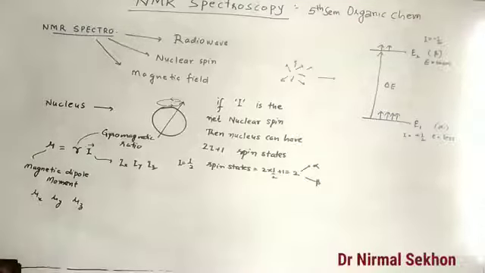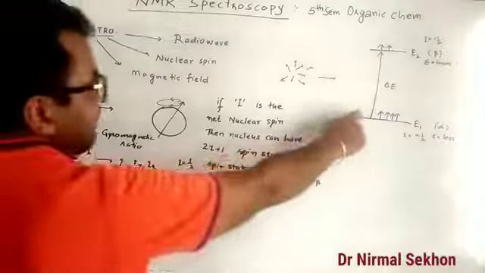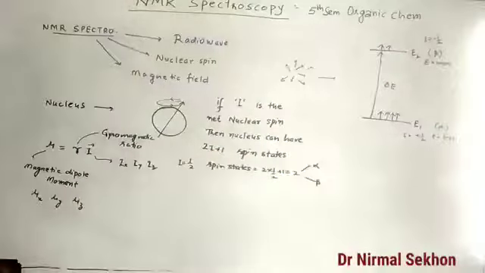When we apply a magnetic field, why do they align in only 2 ways, not 3 ways or 4 ways? Alpha and beta, as I explained in the last lecture. Alpha has lower energy, with spin plus half, and beta has spin minus half.